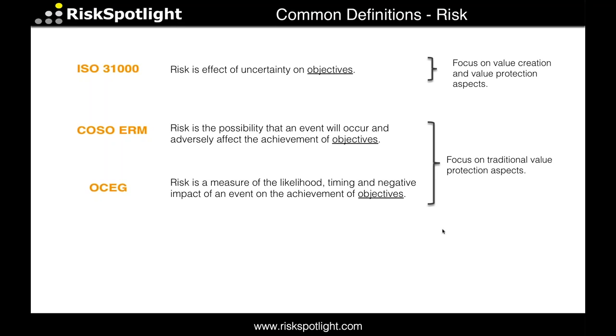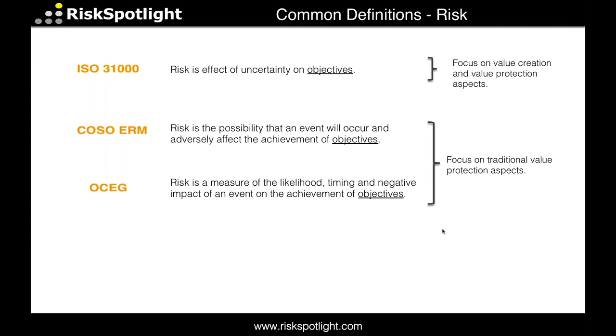COSO ERM, which is again a very widely adopted standard, especially within the financial services industry, defines risk as the possibility that an event will occur and adversely affect the achievement of objectives. So it's now focusing on adversely, where it considers risk to be only things which can go wrong. So that's one difference between COSO and the ISO 31000 definition.